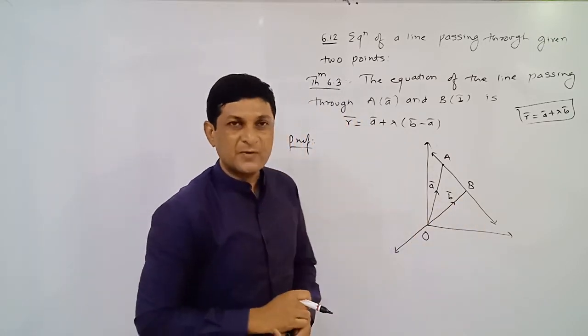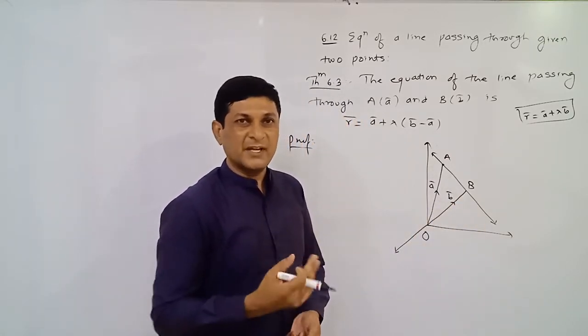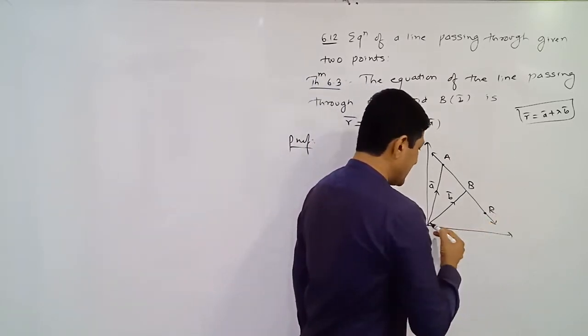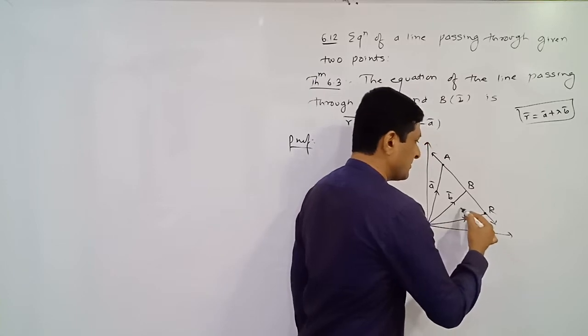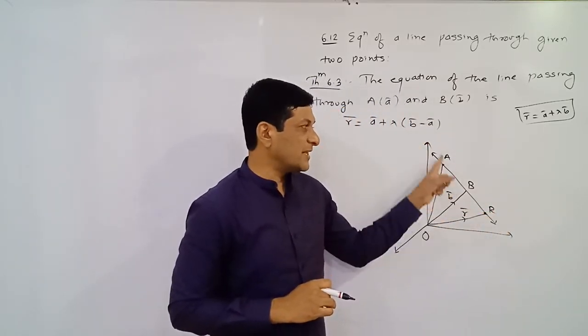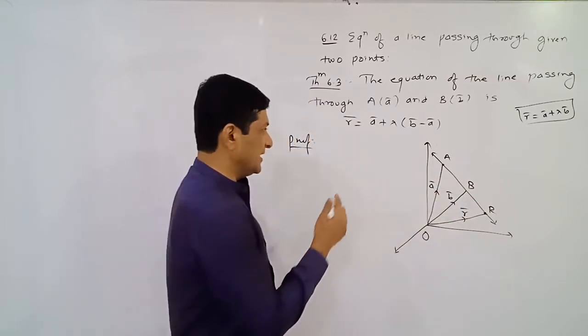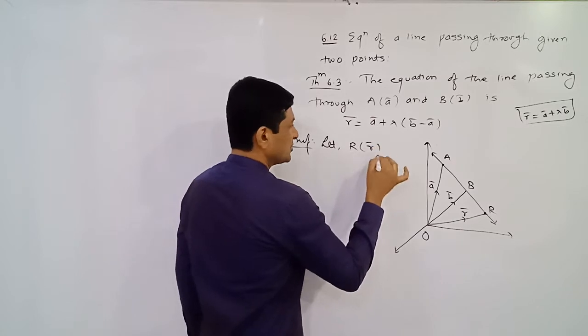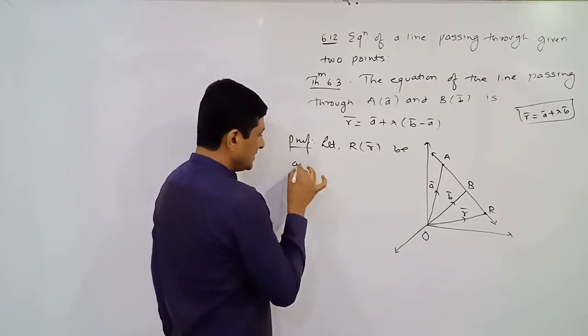Whenever we find the equation of a line, we consider any point on the line. So any point on the line I am denoting by R, and its position vector by R bar. Our supposition is that R is any point on the line passing through A and B.